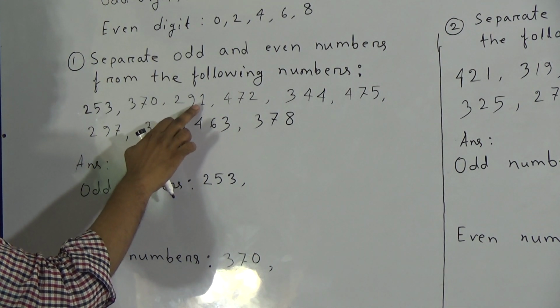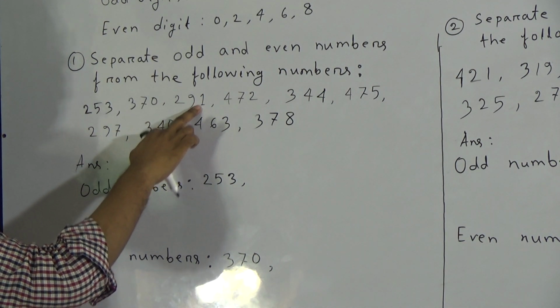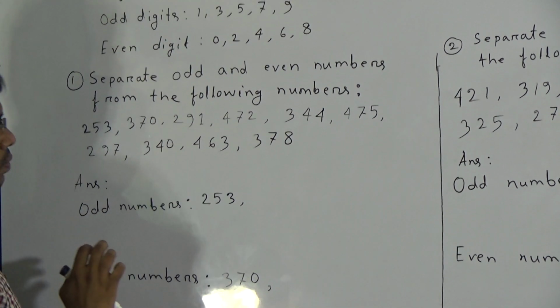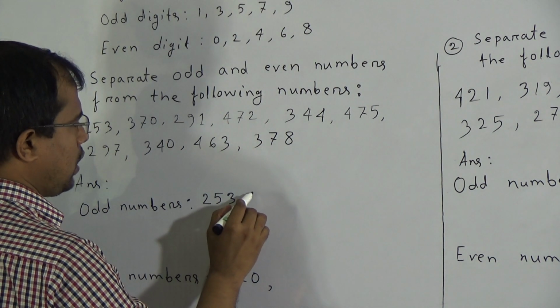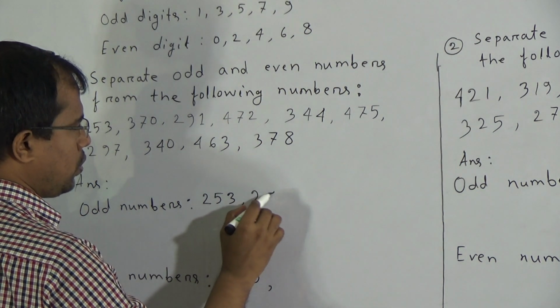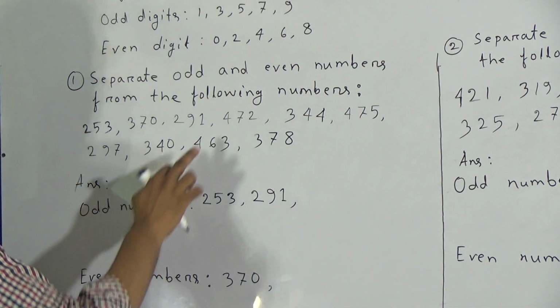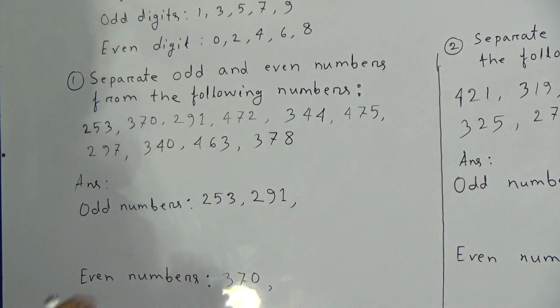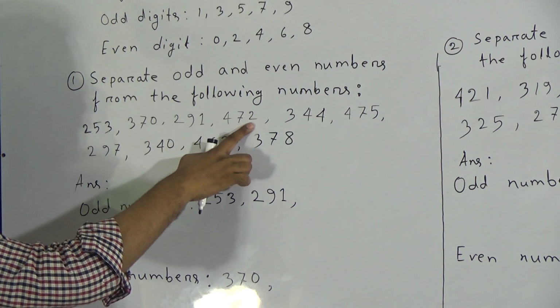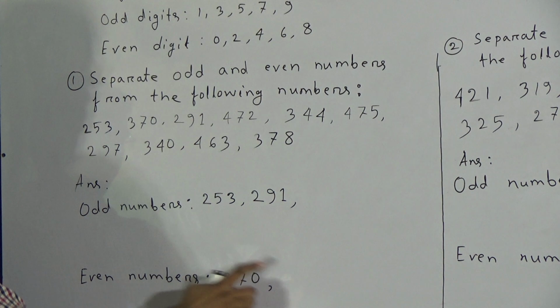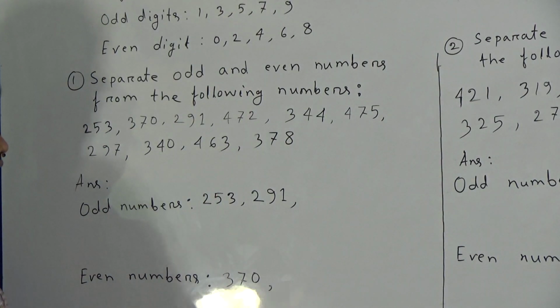Now next number, 291. Its ones place digit is 1. 1 is odd digit, so 291 will be odd number. We have to write 291 here. Now 472. Ones place digit is 2, which is even digit, so we have to write 472 in the place of even number.